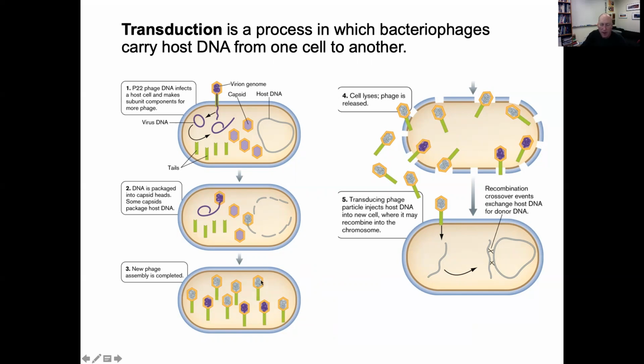And so you have viral particles that go out, and they infect a new cell, they get injected into this new cell, but there's no viral DNA there. So it's a non-productive infection, but this piece of DNA can then recombine with the host chromosome to then diversify that host chromosome. Okay, so essentially pieces of this previous host chromosome are shot into this new cell where they can then recombine.